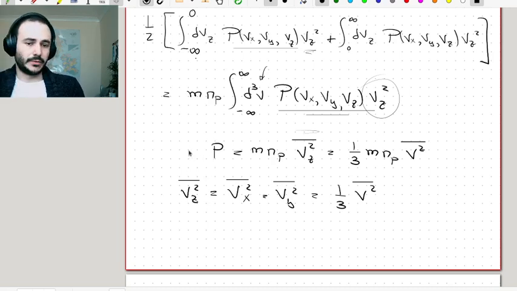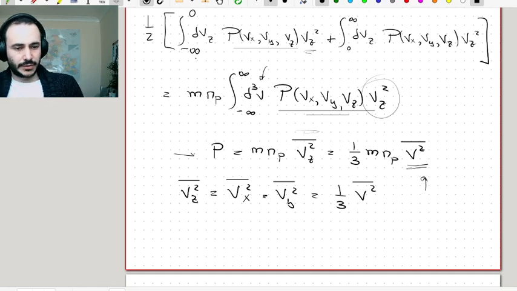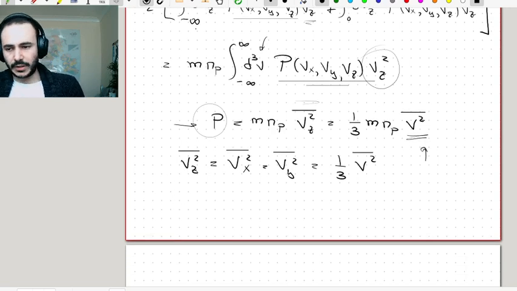So in a kinetic model for an ideal gas, this is what the pressure is. Here you have a kinematic thing, average velocity, and here you have a thermodynamic thing, pressure. That's the beauty of it.